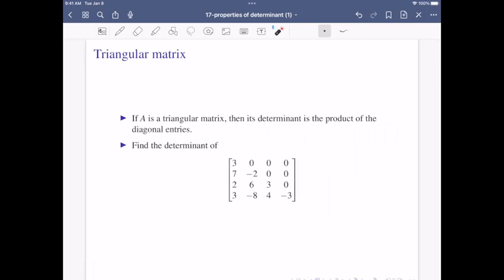So, for example, if we have a 4x4 matrix of this shape, then we can use a property of triangular matrices, which says if A is a triangular matrix, then its determinant is the product of the diagonal entries.